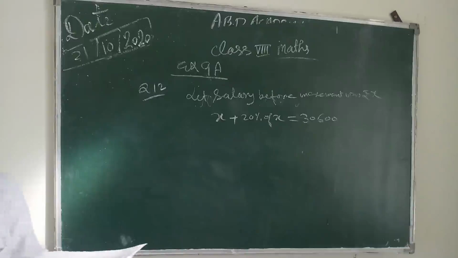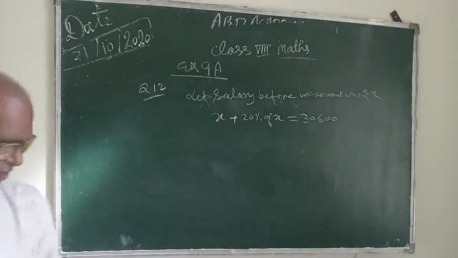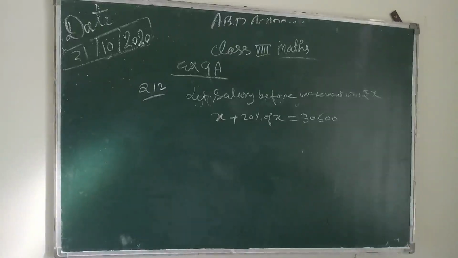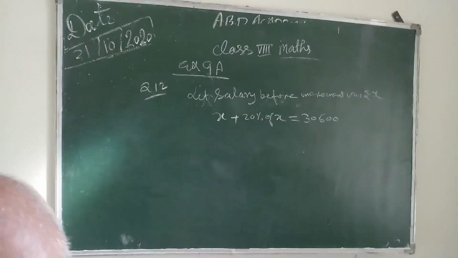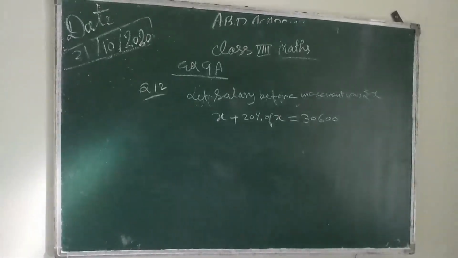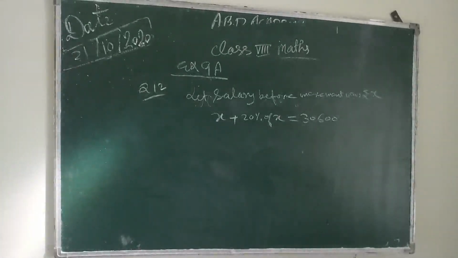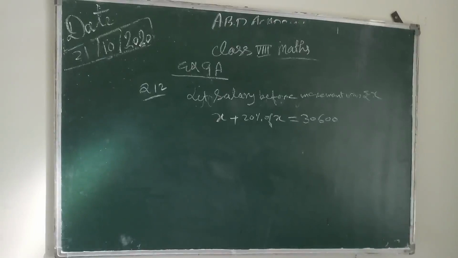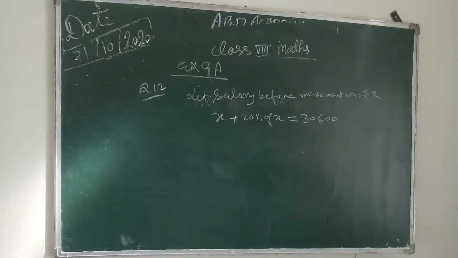Amit was given an increment of 20% on his salary. If his new salary is rupees 30,600, what was his salary before increment? So here we shall assume, let salary before increment be rupees X. So 30,600 is the salary in which the increment and original salary are included.